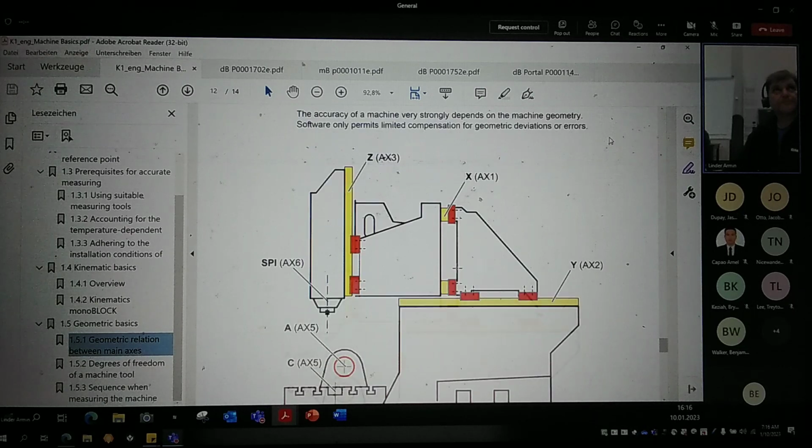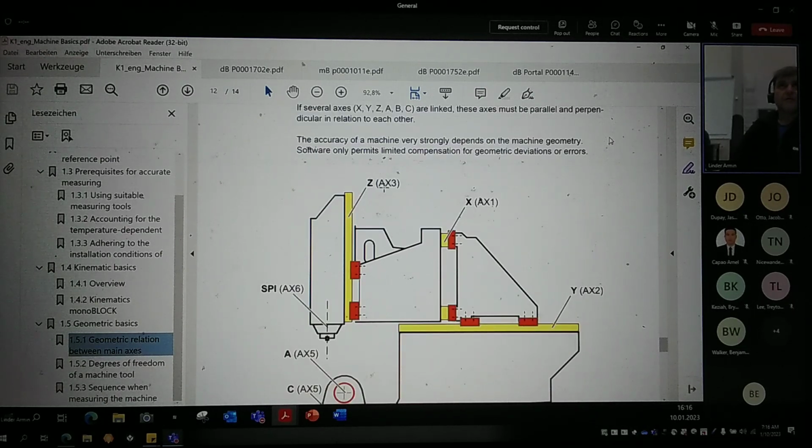So, yeah, that sentence you can also remember: the accuracy of machines very strongly depends on the machine geometry, and that means the complete mechanical side.